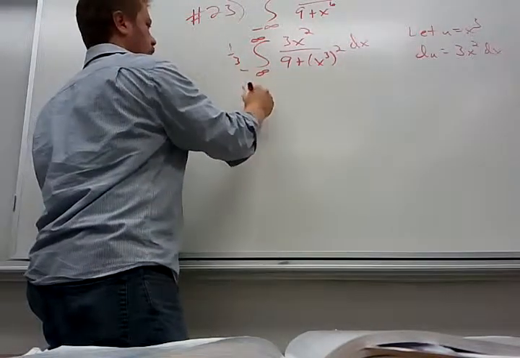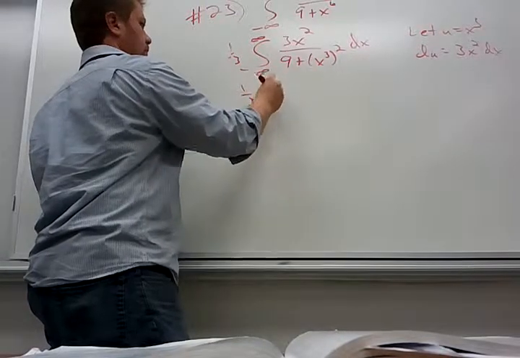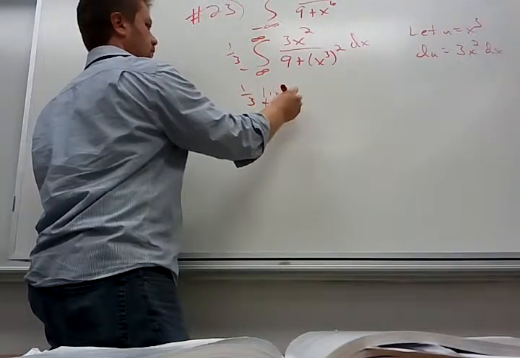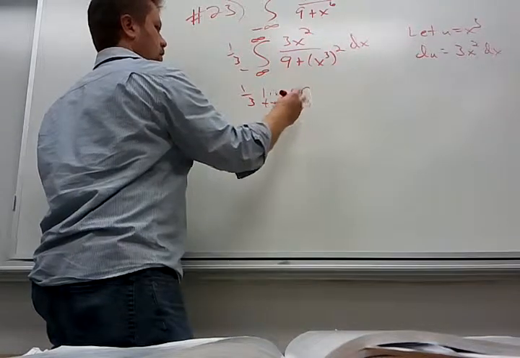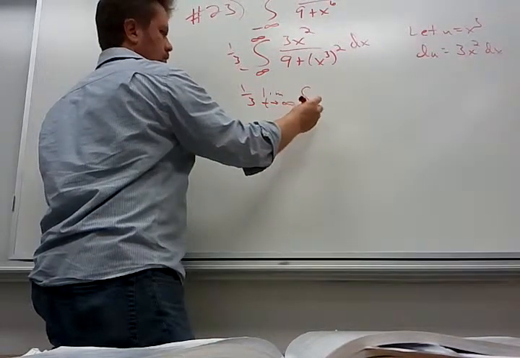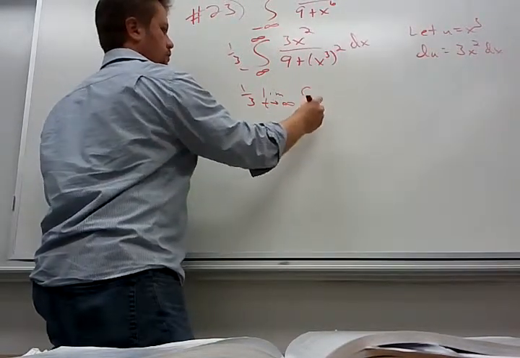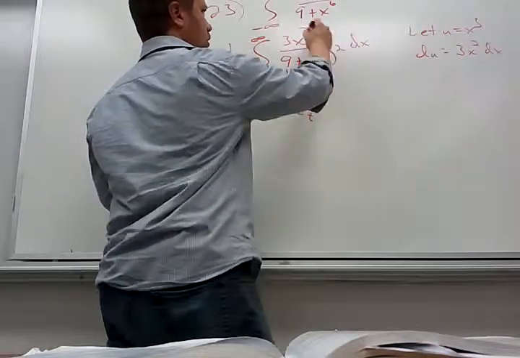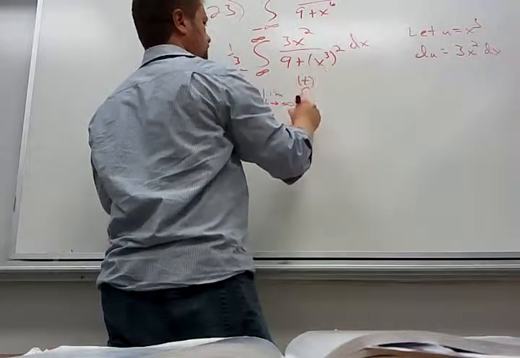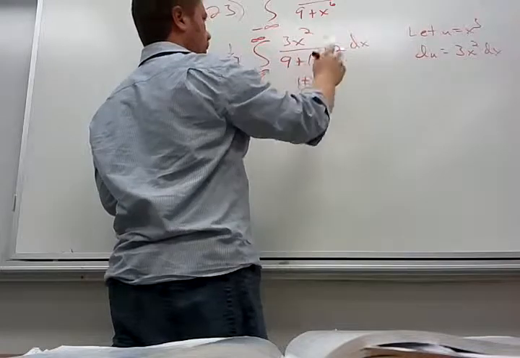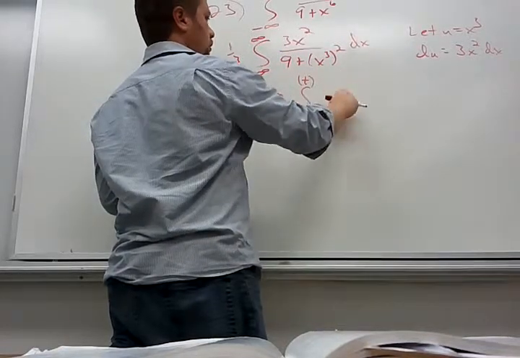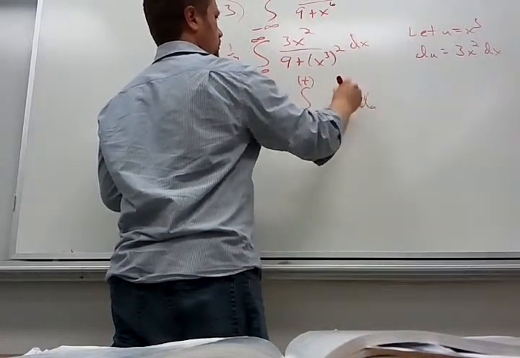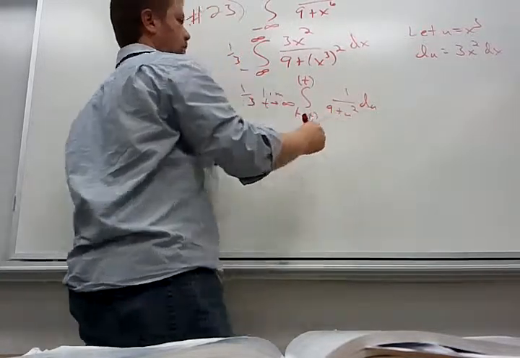Then you have a couple options of where to go. Let's go ahead and bring the limit idea in here. And you've got now basically infinity of it, du over 9 plus u squared, right?